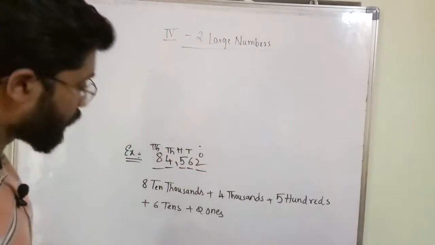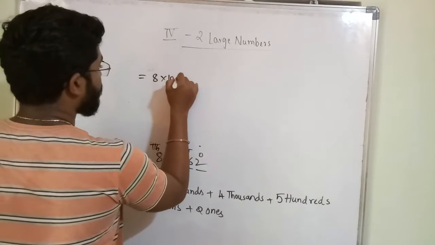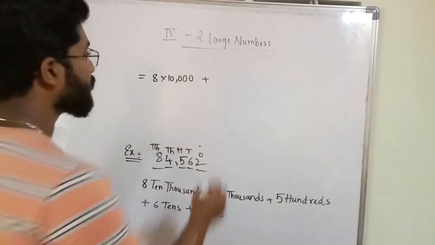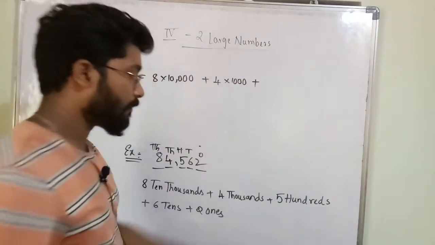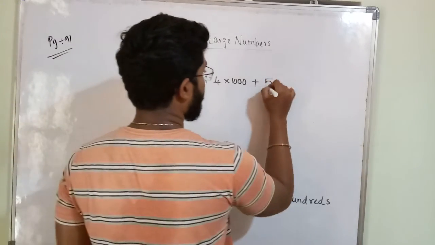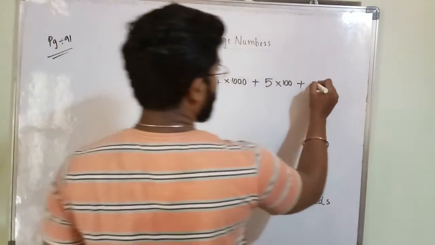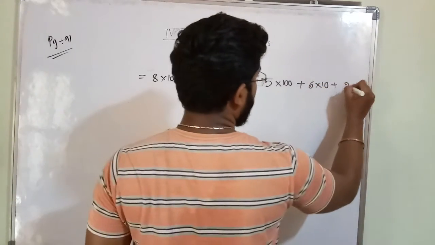So 8 10,000 means 8 into 10,000, plus 4,000 means 4 into 1,000, plus 500 means 5 into 100, plus 6 tens means 6 into 10, plus 2 ones means 2 into 1.